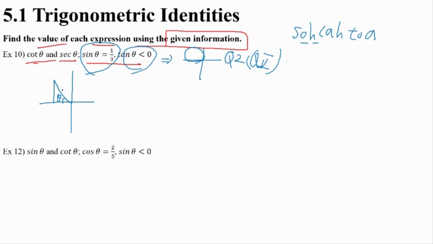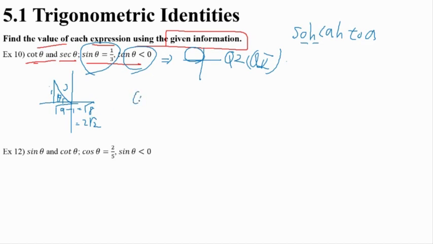So opposite is 1 and hypotenuse is 3. Using the Pythagorean theorem, 9 minus 1 is 8, so this length is square root 8, which means 2 square root 2. So we found the triangle.